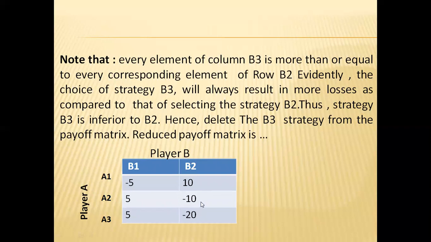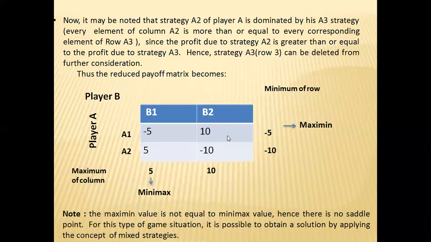But one of the constraints is superior with respect to A3, and hence there is a condition for the elimination of the row A3, because the profit due to A2 is greater than or equal to the profit due to strategy A3. Definitely it relates to the 5 in the minimax condition, reducing conditions.